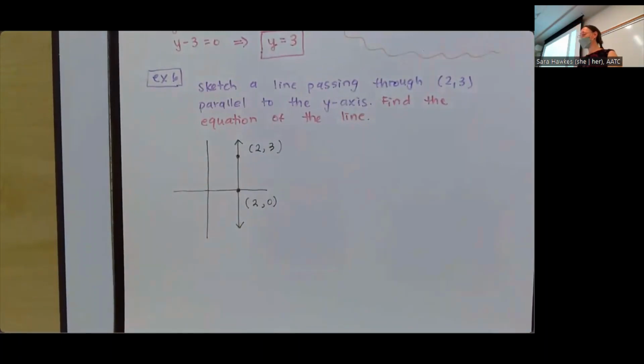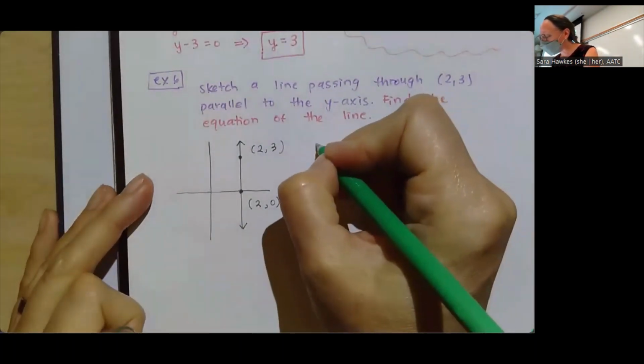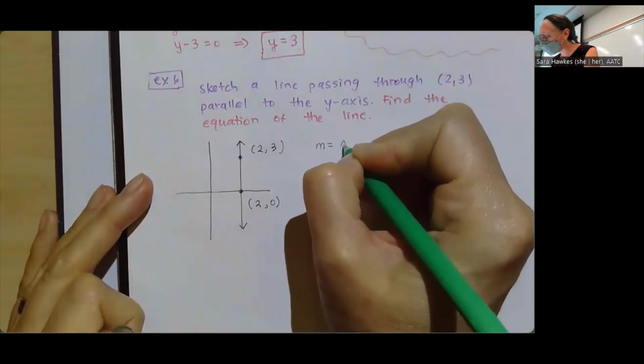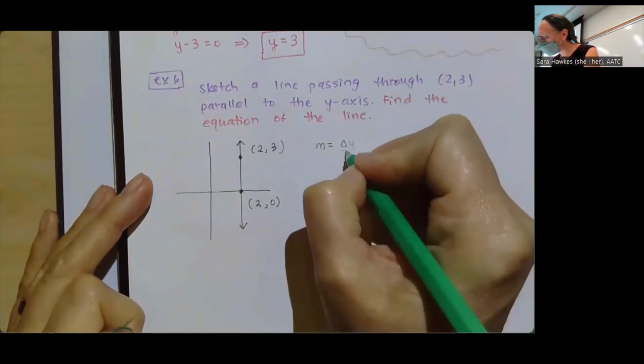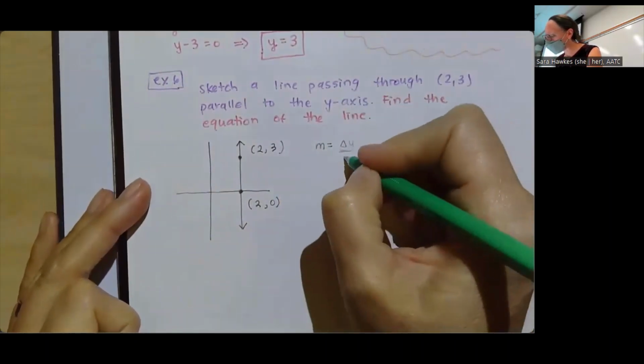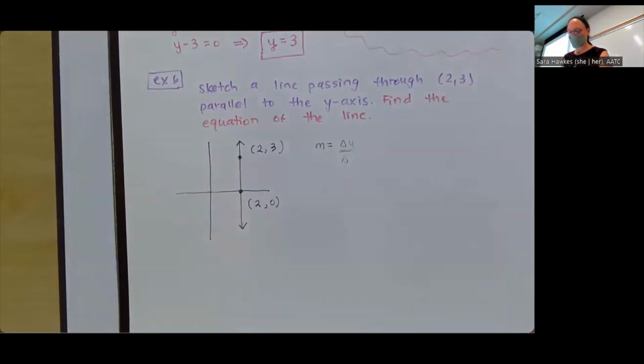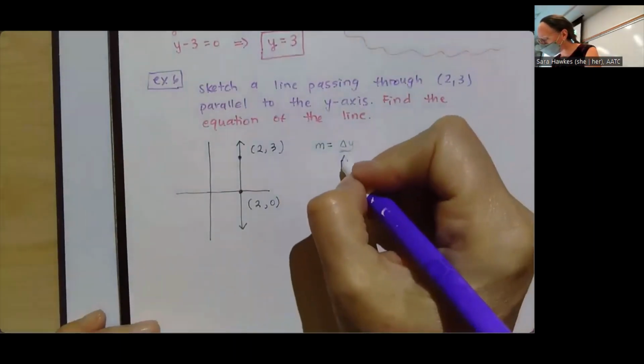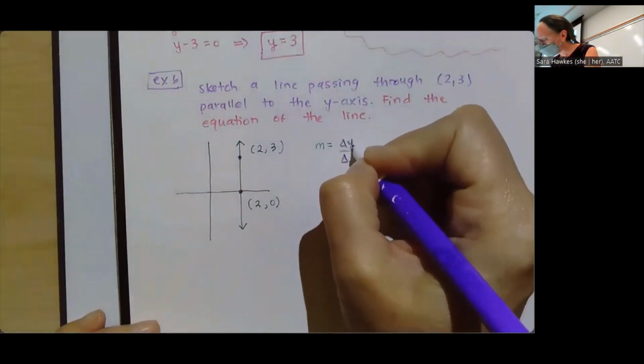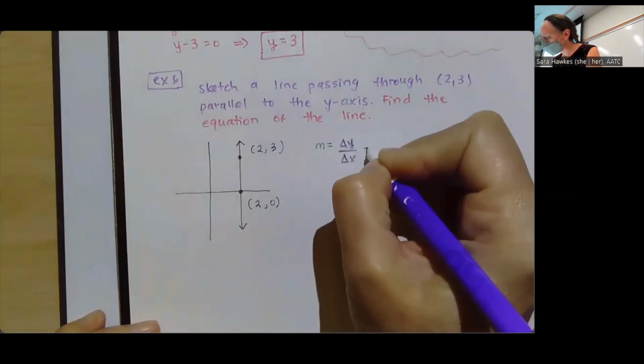To find the equation of the line, I'm looking for those same two things, a point and a slope. The problem here is when I go to find this slope, which is a change in y over a change in x, I've got a change in y over a change in x.